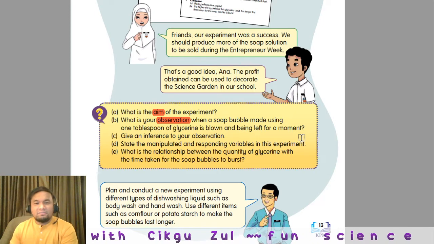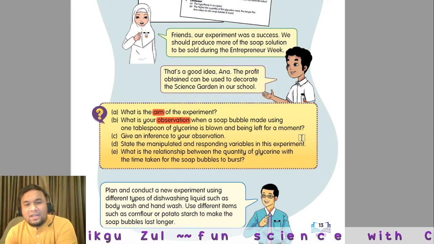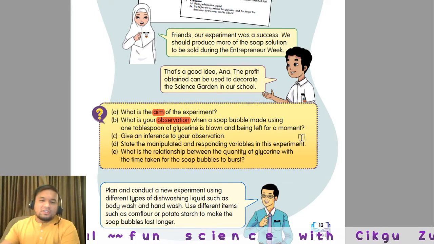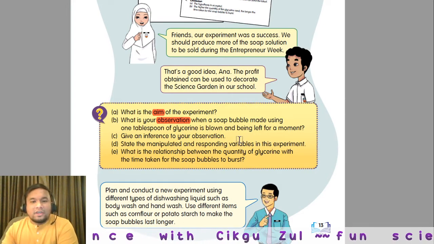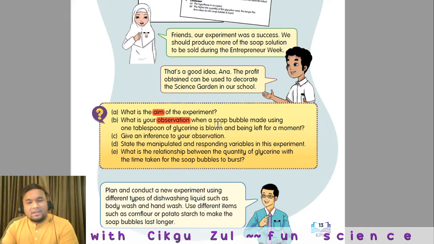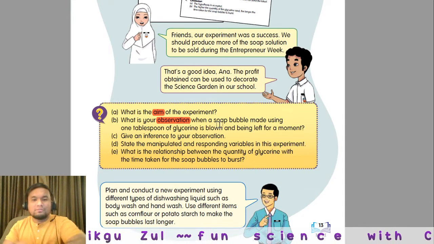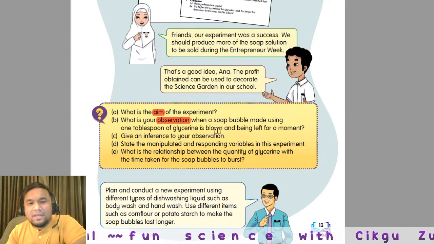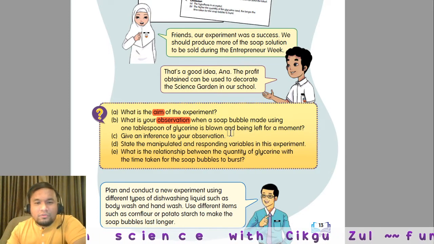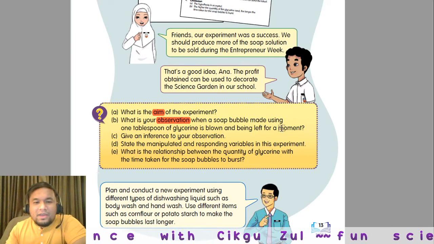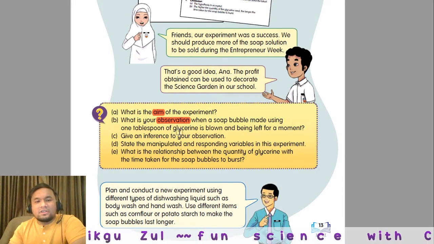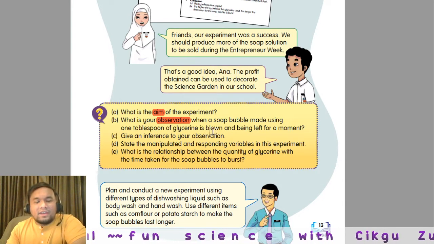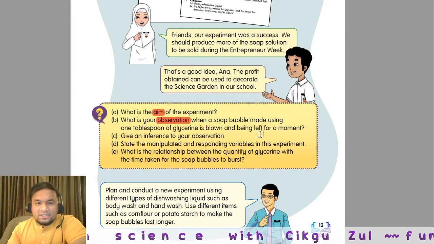Apakah masa yang diambil dia? Masa yang diambil dia shortest. So kita cakap, okay, the time taken for soap bubble made using 1 tablespoon of glycerin is shortest.